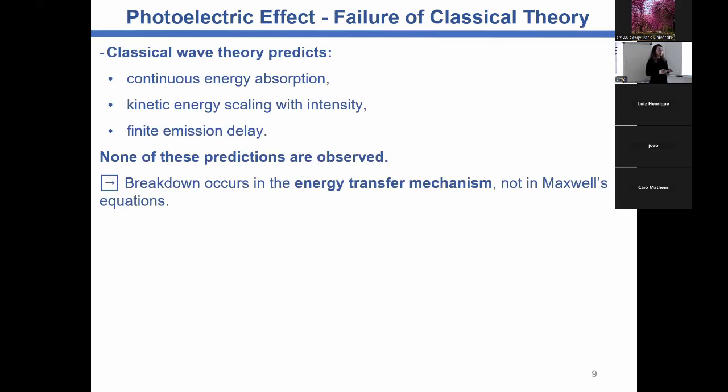And so this experiment gave a breakthrough over the classical theory, and it's not directly breaking the Maxwell equations, but just how the energy is transmitted during the interaction, not during the propagation of the wave.